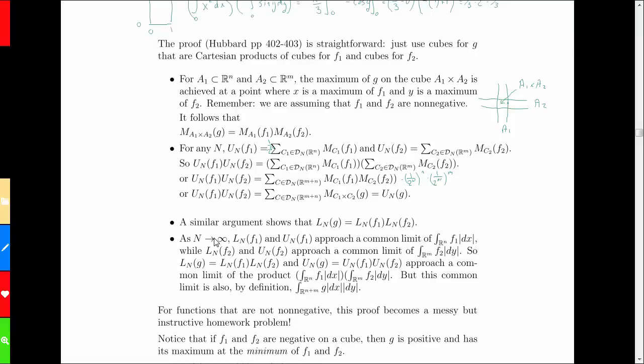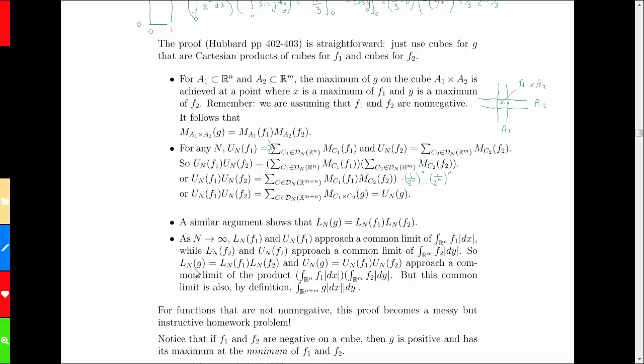That means in the limit where n approaches infinity, the lower sum and the upper sum both approach a common limit, which is the integral of f1. Same thing is true for f2. The lower sum and the upper sum approach as a common limit the integral of f2.